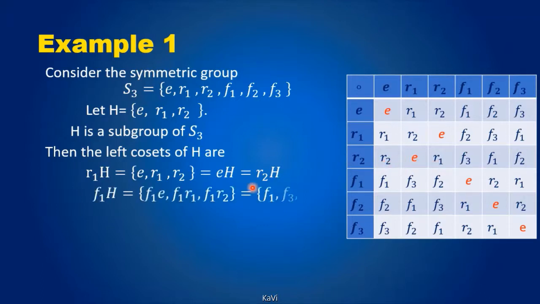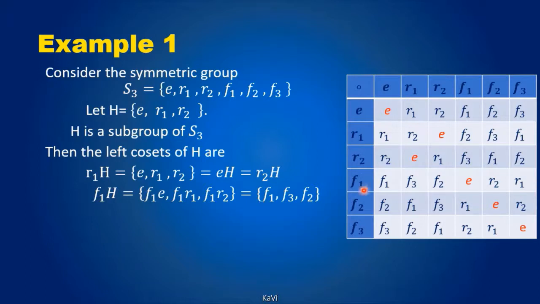Suppose you are considering F1H. That is, F1 is an element of the main group, the symmetric group S3. You multiply F1 with each element of H. So F1 into E, F1 into R1, F1 into R2. We have three elements in H, so you multiply F1 with each of the three elements.